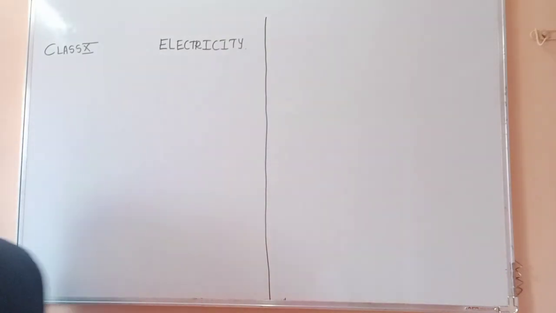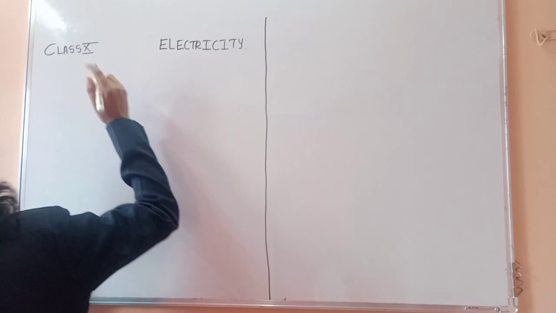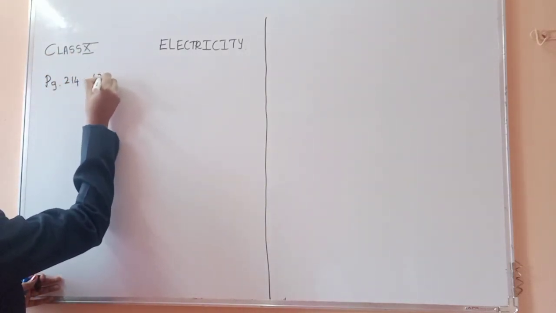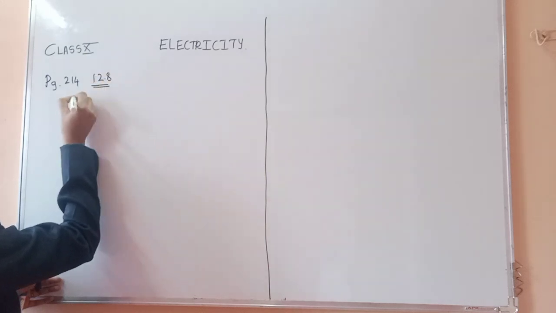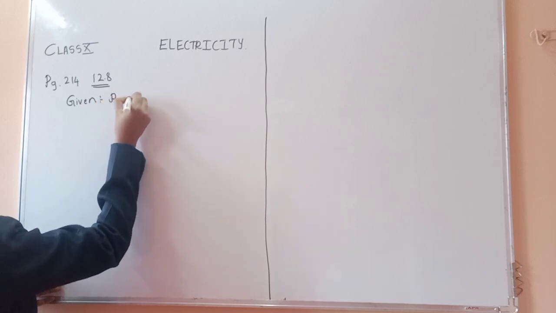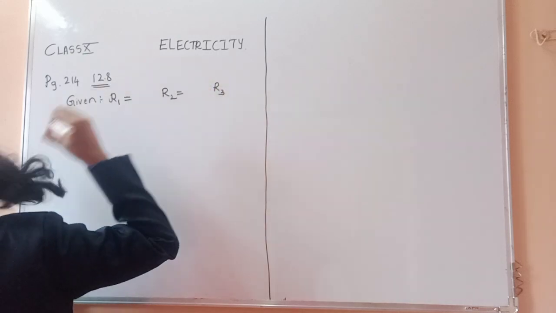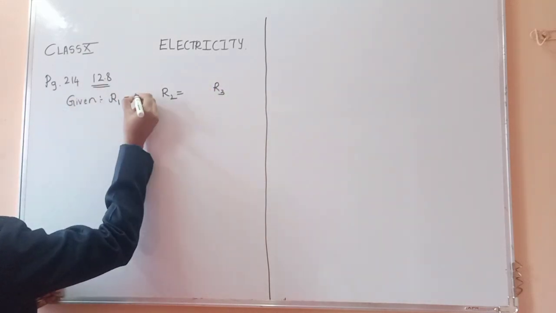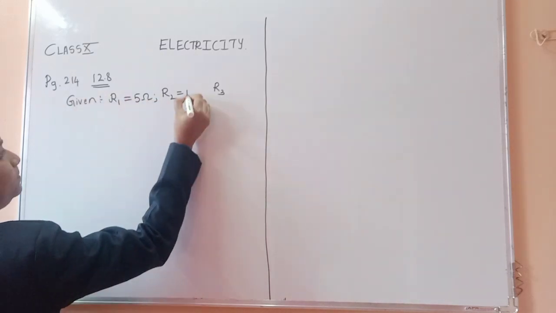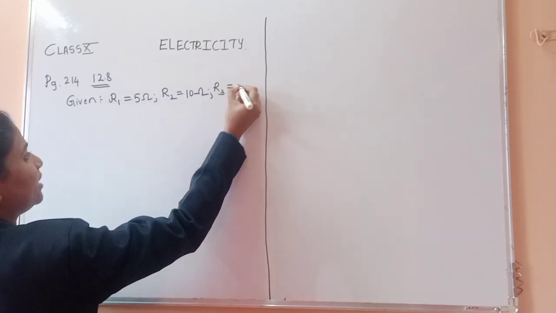So what is the first step, guys? We have to write the given. From page number 214, the 12.8 problem. The given values are R1, R2 and R3. So let us write R1 is 5 ohm, then R2 is 10 ohm, then R3 is 30 ohm.